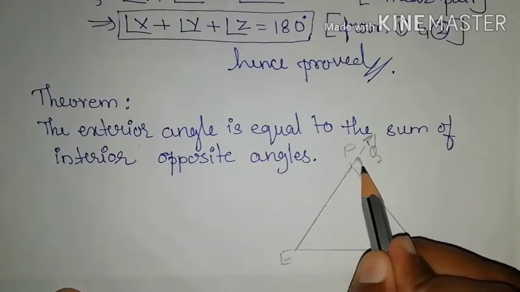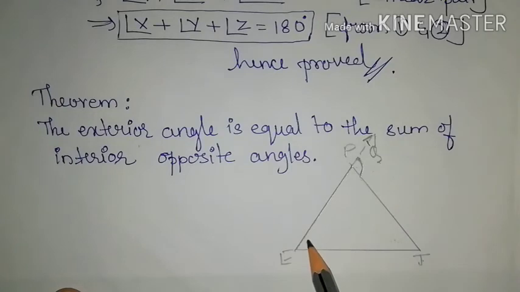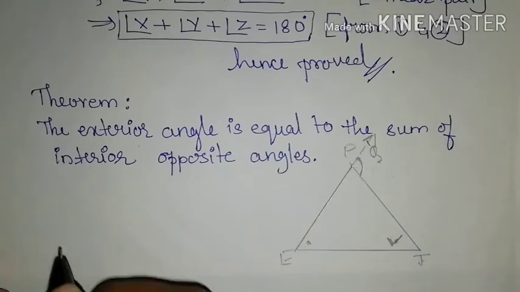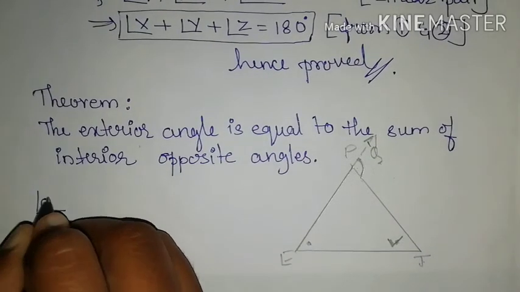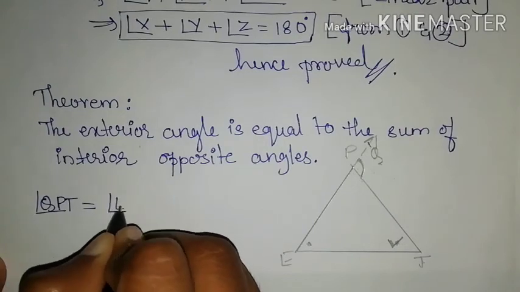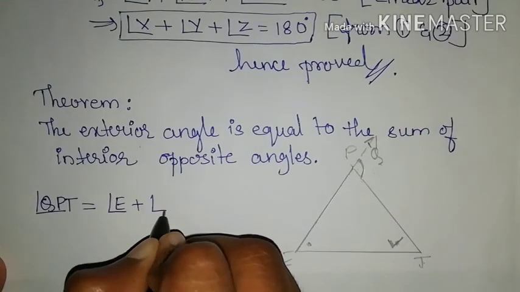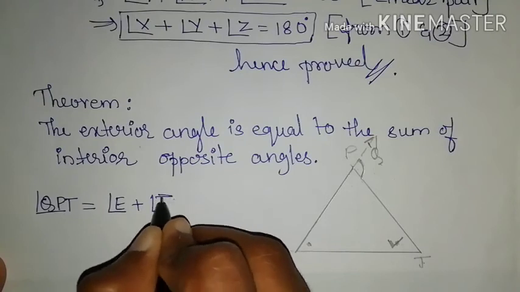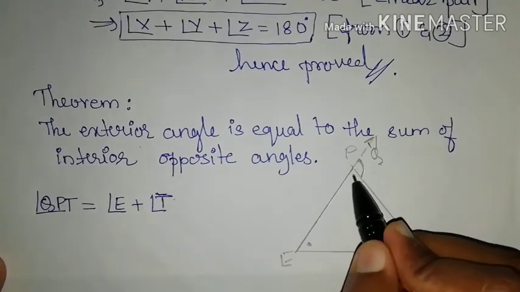To this exterior angle, these are the interior opposite angles. So if you were to write the relation mathematically, our angle QPT is equal to angle E plus angle T. Angle P is excluded here.